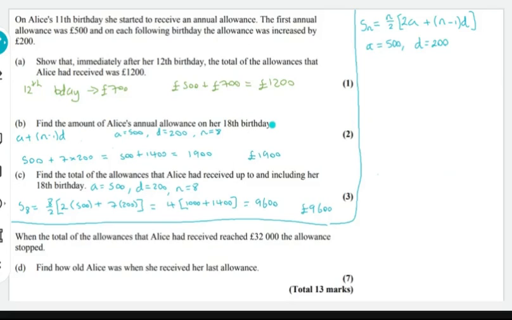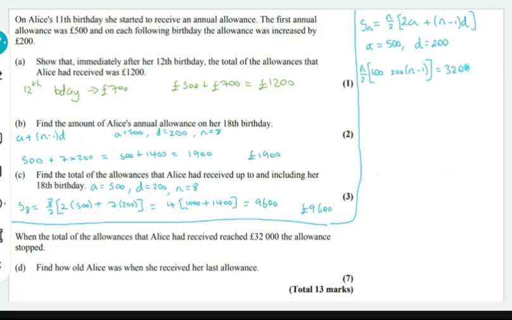Right, so we have n over 2, open bracket, 2a, which in this case is 1,000, plus n minus 1 lots of d, so 200 lots of n minus 1, is equal to 32,000, because it says when the total allowances reach 32,000.